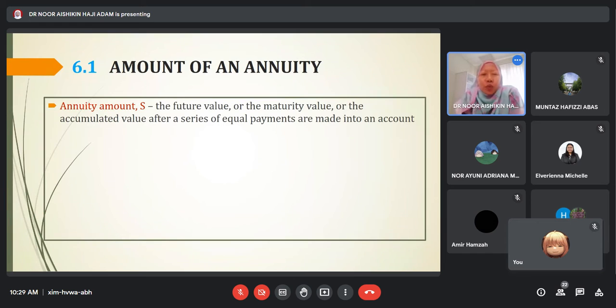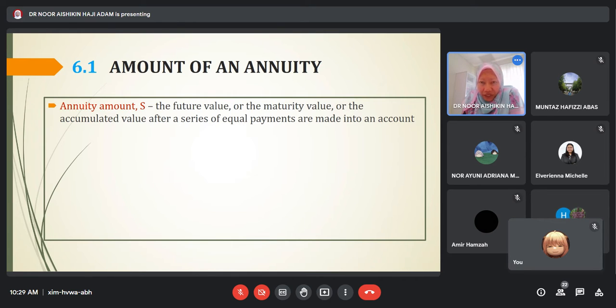Alright, now let's look at how to find the amount of an annuity. Ni sebenarnya lebih kepada kalau you buat investment and you are making regular investment or regular amount of deposits, katalah monthly deposits into an account.